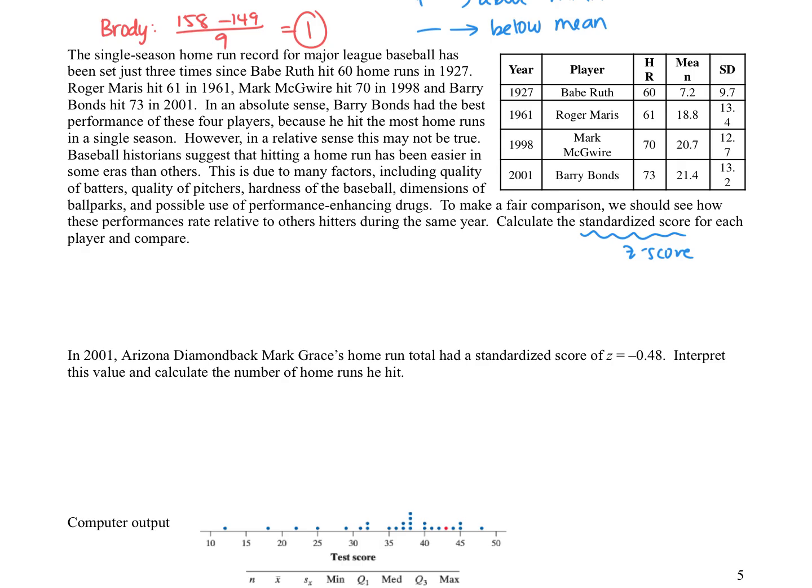So decide between the 2 of you who's going to do the first 2 players and who's going to do the second 2 players. I would also like you to try this problem here, this 2001 one. So take 5 minutes, do both of these, try the second one at least, and we'll come back together.